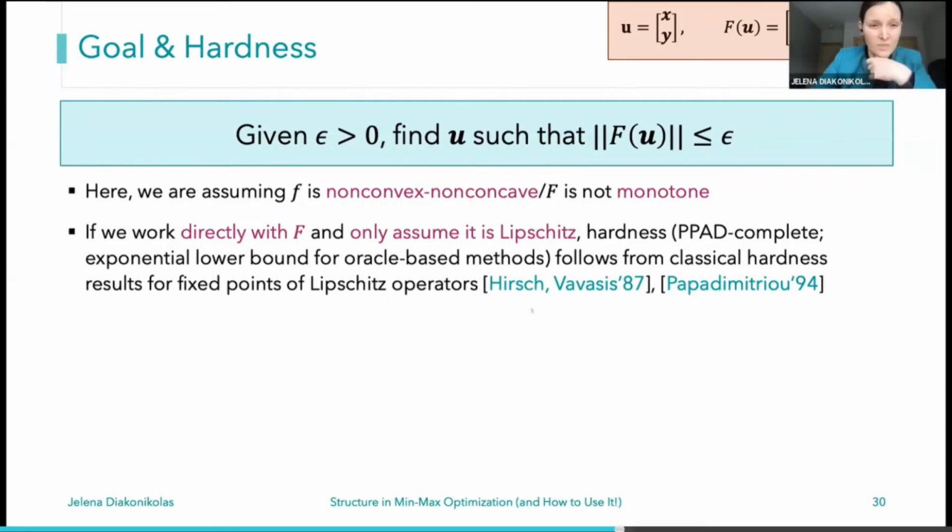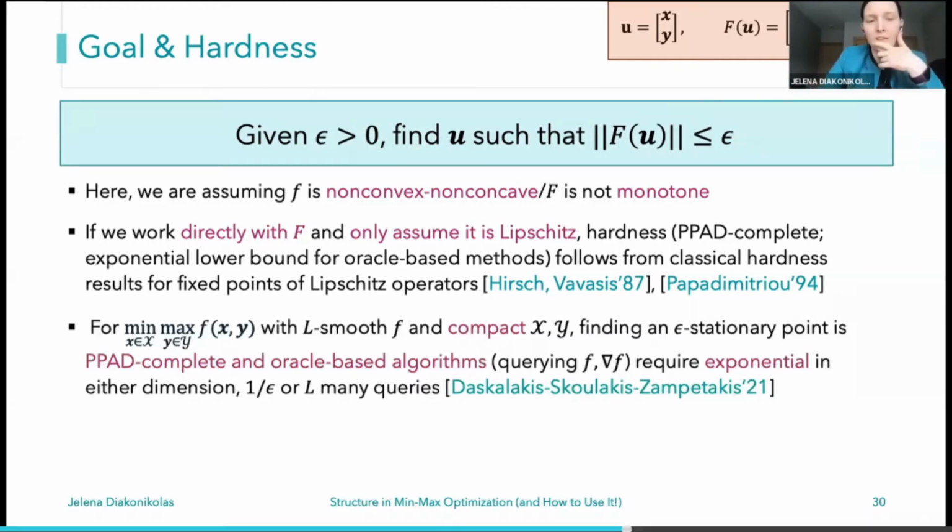This was known since the late 80s, early 90s: PPAD completeness, exponential lower bounds. Specifically for min-max optimization, the hardness of F means it's hard for min-max optimization only if you can always relate it to a min-max objective. And for that, a similar lower bound was obtained only recently that assumes compactness of the feasible sets.